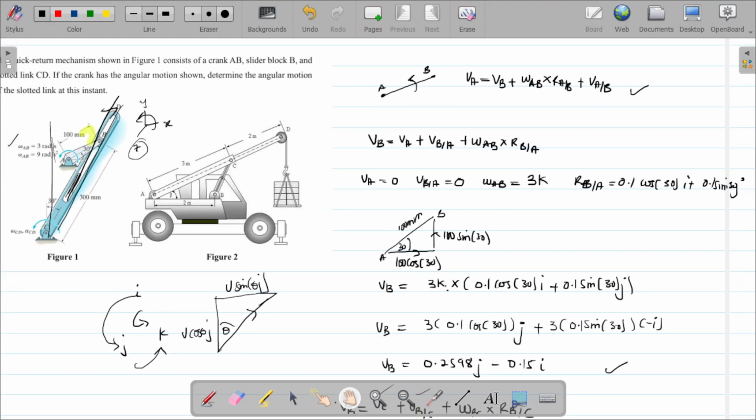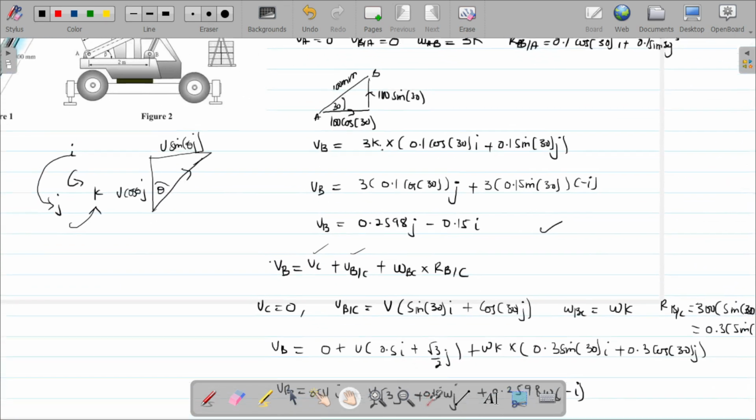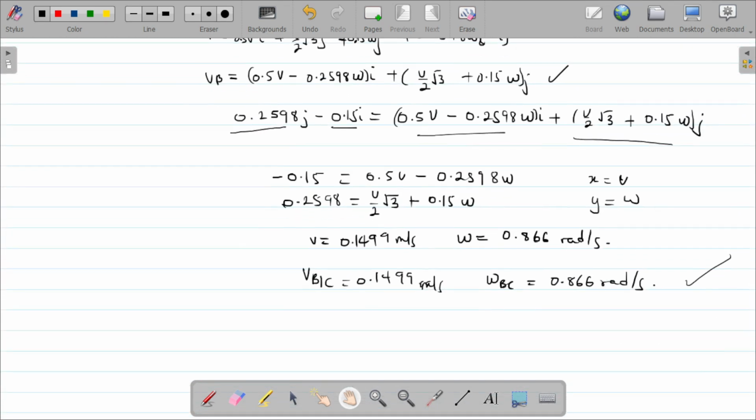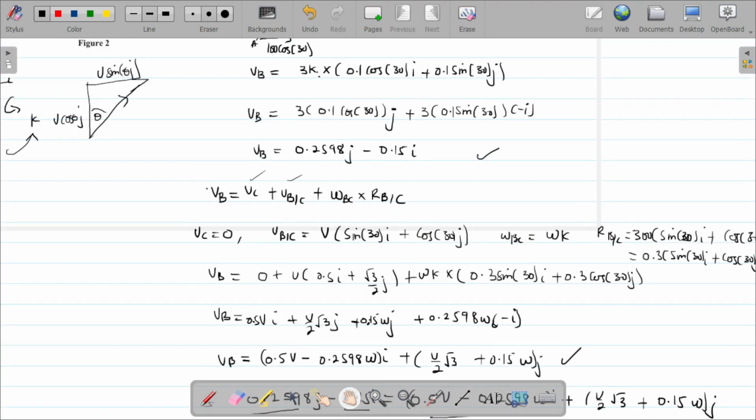What is left is to find the angular acceleration. All right, so I'm going to follow the same procedure.